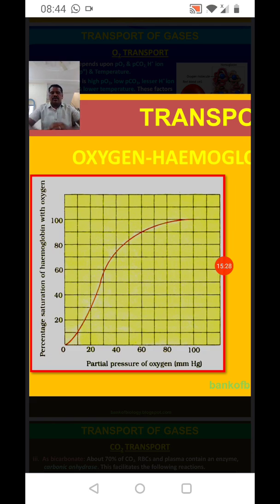It is the sigmoid curve, which is S in shape. This sigmoid curve can be obtained by plotting partial pressure of oxygen with the percentage of saturation of hemoglobin with oxygen.